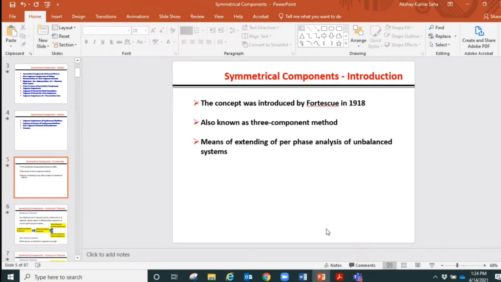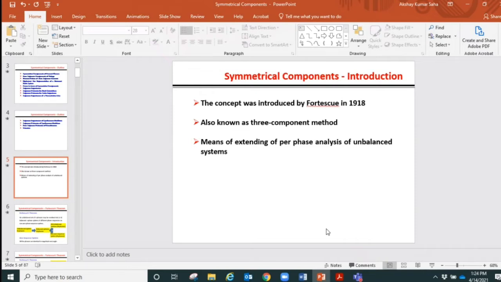Like I said, most of the times the fault that happens in a power system is asymmetrical in nature.